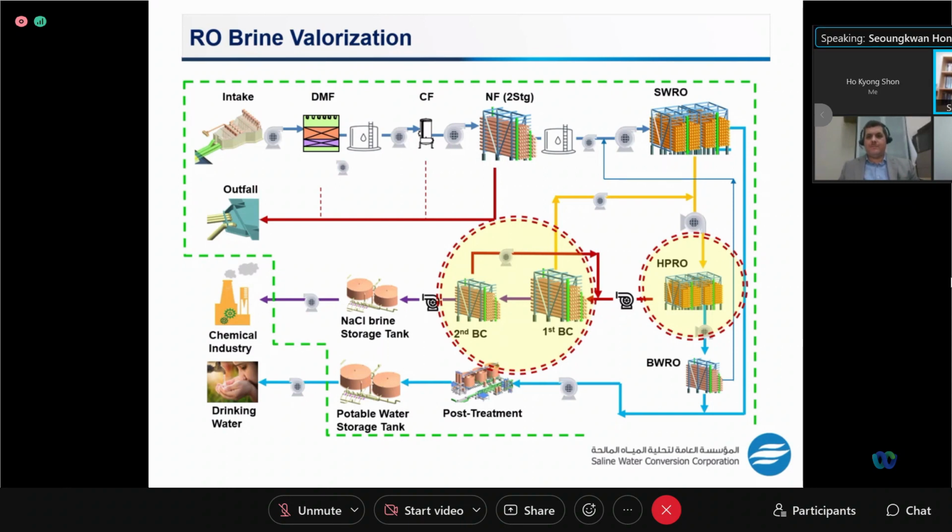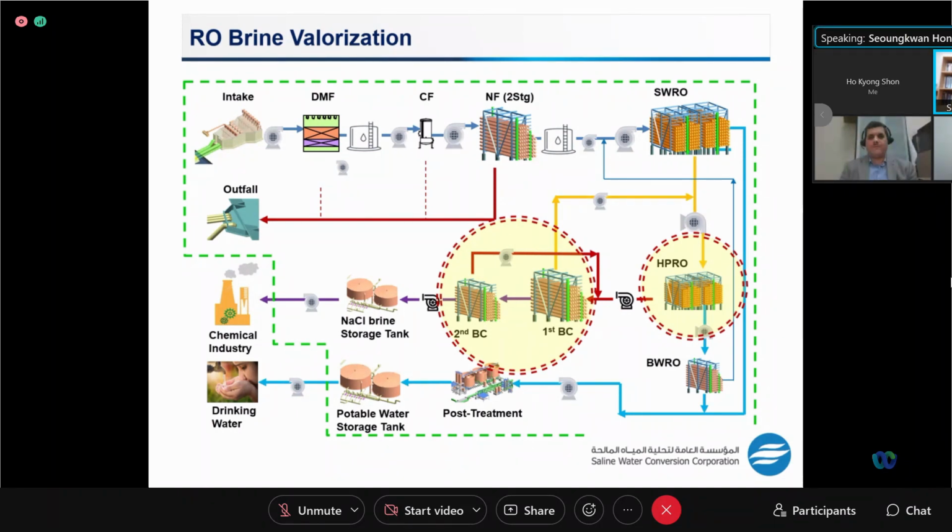Then monovalent ions such as NaCl-rich NF permeate are processed by RO, and further concentrated by a high pressure pump here, and diverse new brine concentrators such as a hybrid process as shown in this diagram.